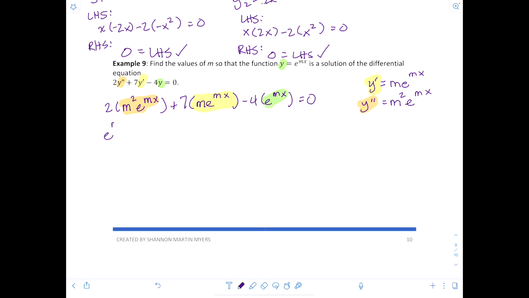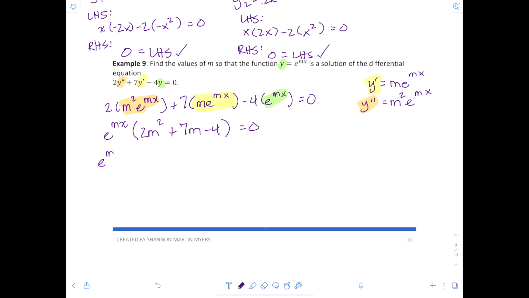If we factor out an e raised to the m times x, because that's what's in common with all of them, we're going to be left with 2 times m squared plus 7 times m minus 4, and all of that would equal 0.